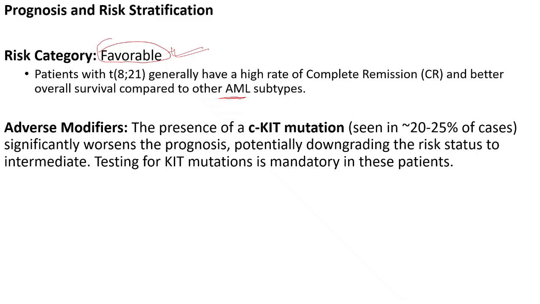Coming to adverse modifiers, the presence of c-KIT mutation, mainly seen in 20 to 25% of cases, significantly worsens the prognosis, potentially downgrading the risk status to intermediate. Testing for KIT mutation is mandatory in these patients.